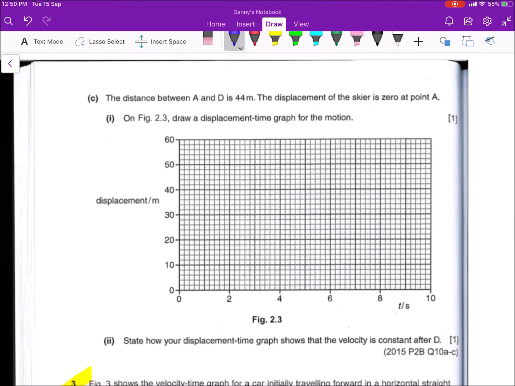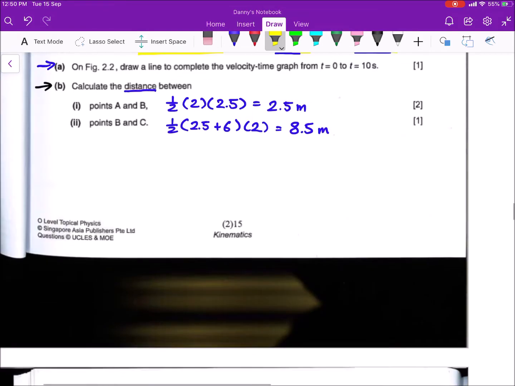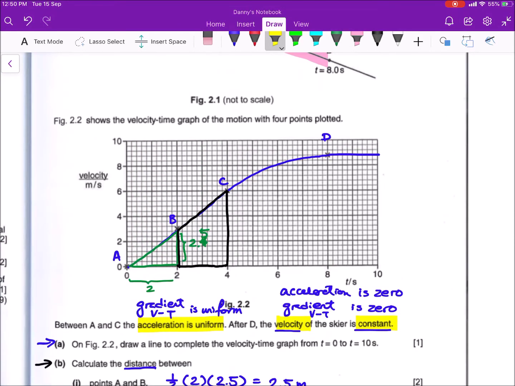So you can see that the next part, you are asked to sketch the displacement time graph, and they only give you one additional piece of information, that is the distance between AD. They give you this because you are unable to find it just by geometry, because CD is actually a curve.